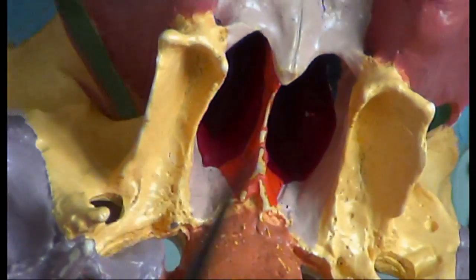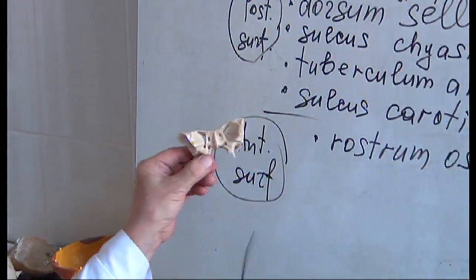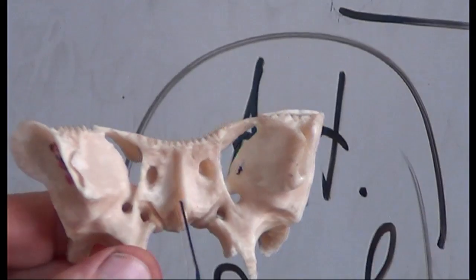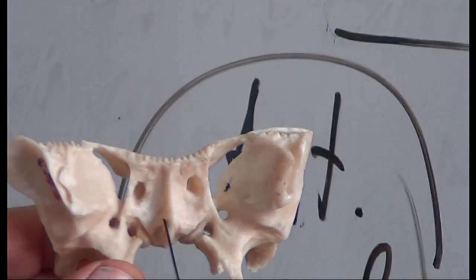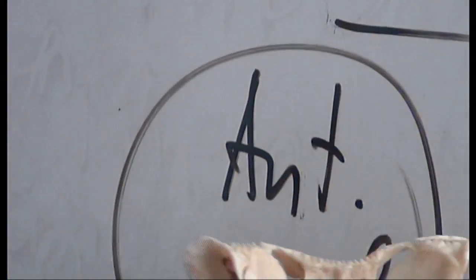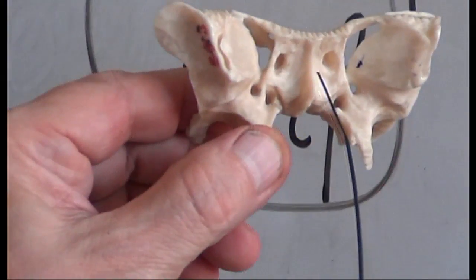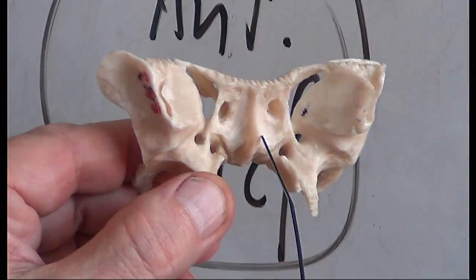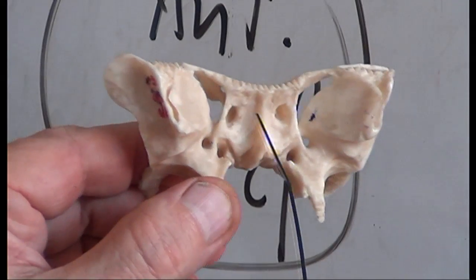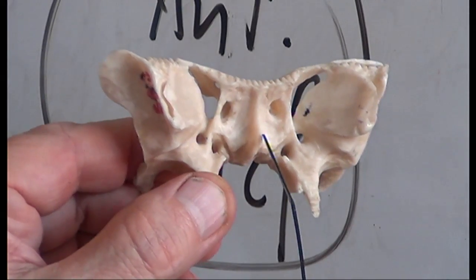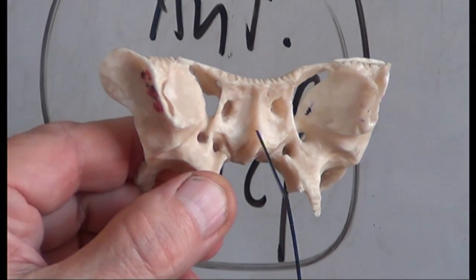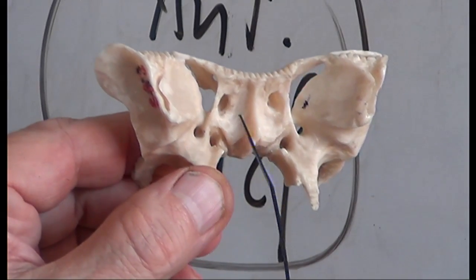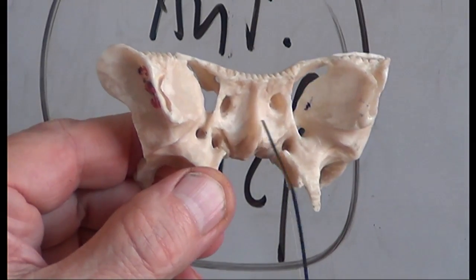It's the vomer. The rostrum ossis sphenoidalis and vomer connect to each other to form the medial wall of the nasal cavity.